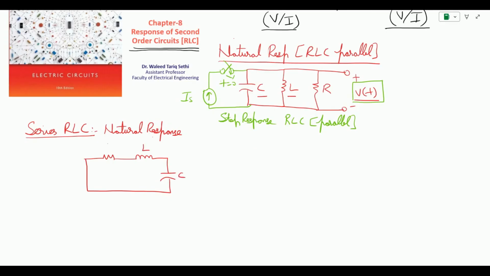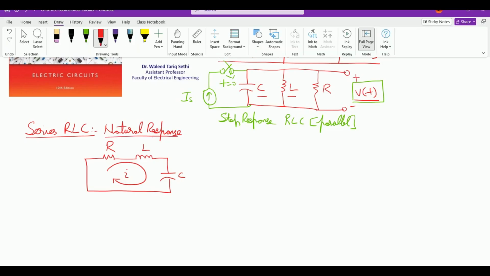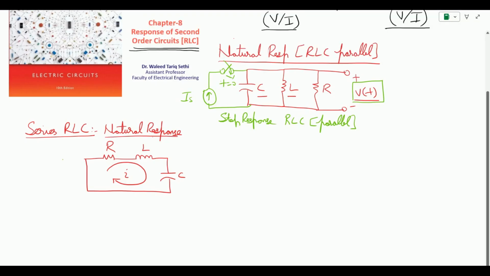And since this is a natural response, the easiest way is to first find the current in this circuit, because the current remains the same in a series configuration. And since there is no source connected to this, we call this configuration a natural response of the circuit. Again, we are going to find the behavior of the current in case of the natural response of the series configuration.